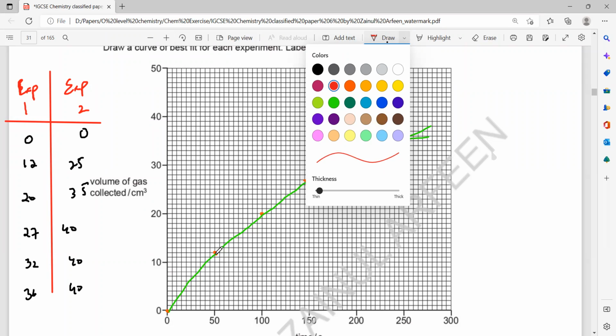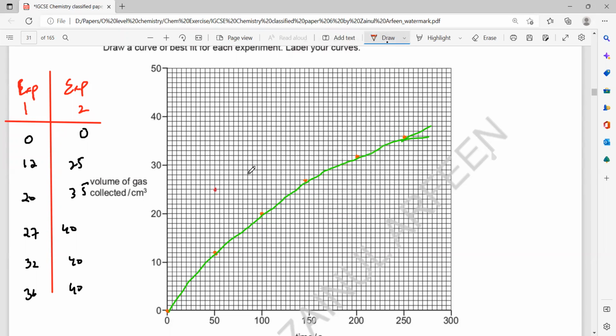So this was 25, 50 and 25. So this will be 2, 3, 4, 5, so 25. And you have to label, I will mention how to label. 100 is 35. So this was 100. This was 3, 2, 3, 4, 5.